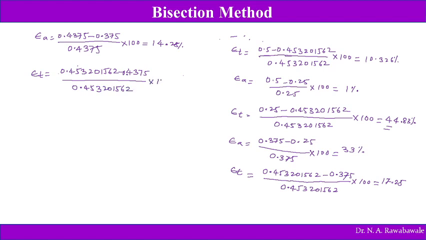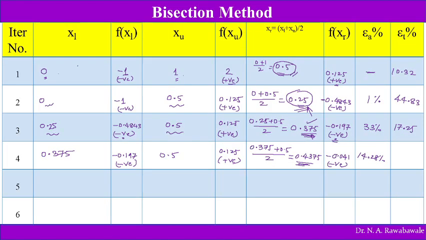So true error is 0.453201562 minus the revised approximation 0.4375, divided by the true value 0.453201562, into 100. If we calculate, we get 3.46%. So true error is 3.46%.